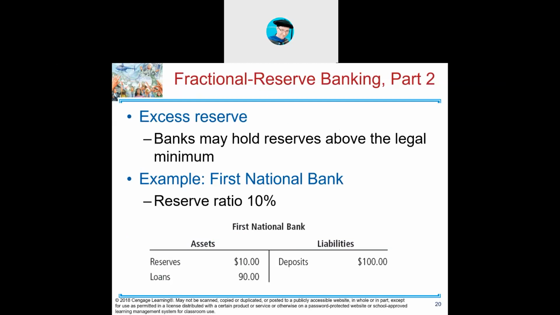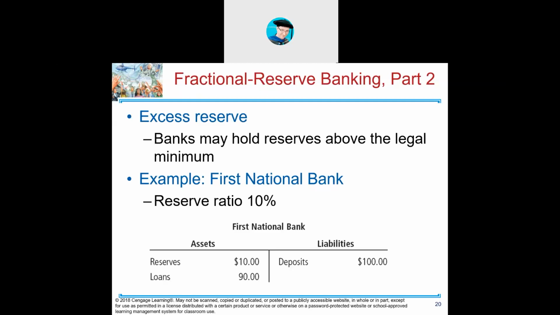So here's an example. First National Bank has a reserve ratio of 10%. How do we get 10%? Well, the bank has deposits of $100.